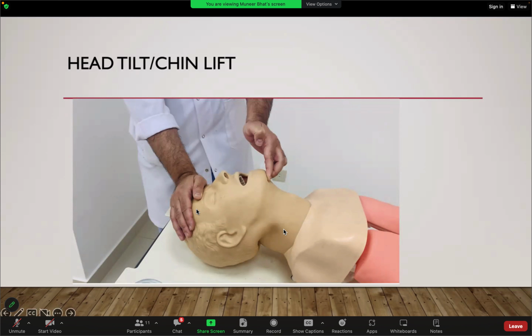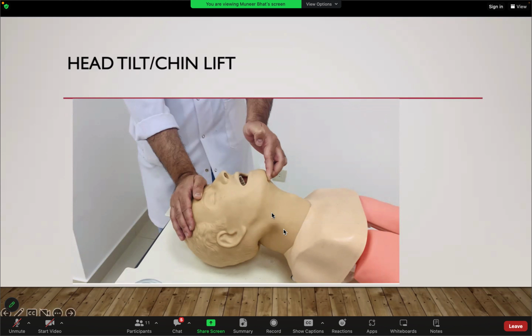Now, why I'm doing this head tilt? It's because to align the airway. Okay, so there are axes of airway. For example, this is oral axis, this is pharyngeal, and this is laryngeal axis. Now with this head tilt, I am trying to align this oral axis towards the pharyngeal and laryngeal axis. So if you have been asked why we have to do the head tilt, it is to align the airway.